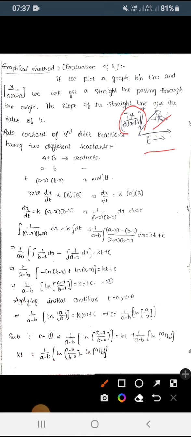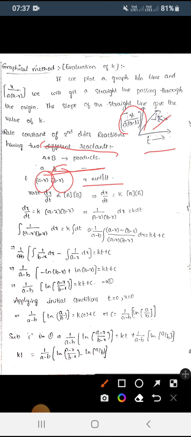Let us now consider another case, that is A plus B gives rise to products. So this is A, this is B at time 0. After time t, this one converts into A minus x and this is B minus x, with x moles per liter.